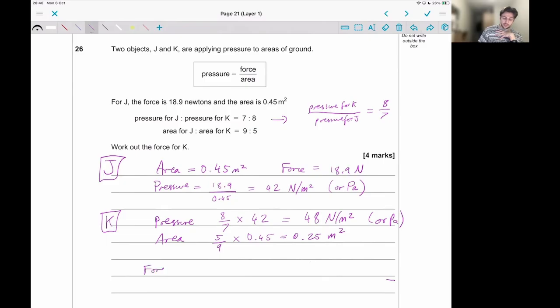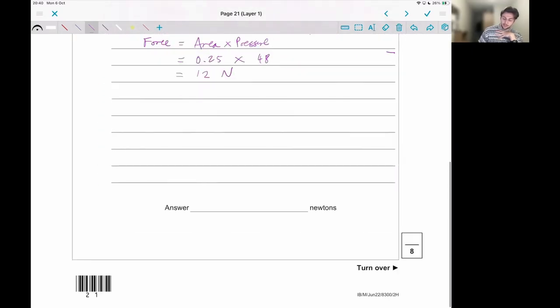So force equals area times pressure. And so that's going to be 0.25 meters squared times 48 newtons per meter squared to give us a total of 12 newtons. And that will be our final answer, 12 newtons.